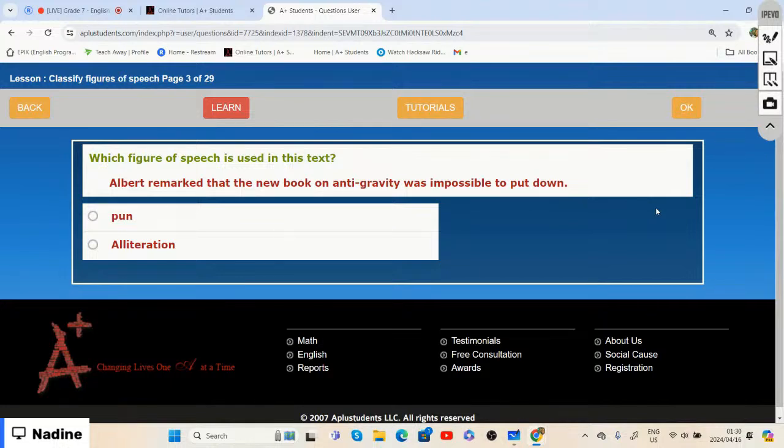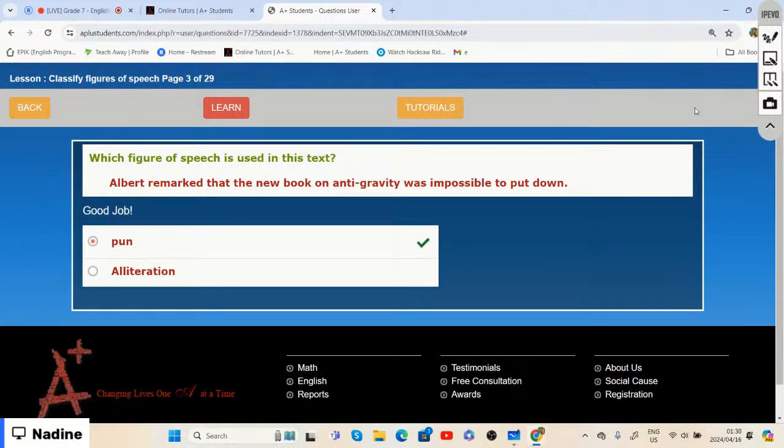We need to choose between the two. All right, if we were to choose the correct one, we can say that this is a pun.